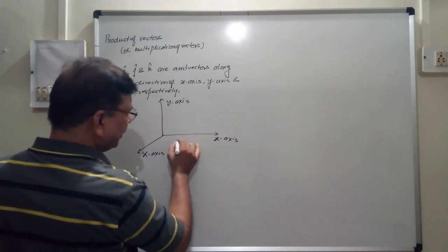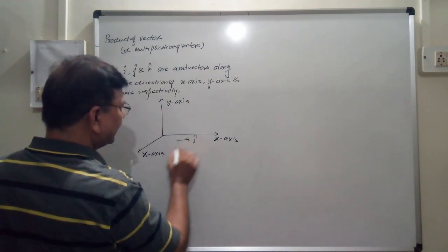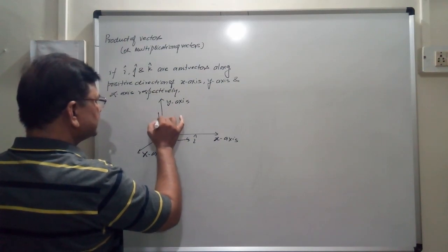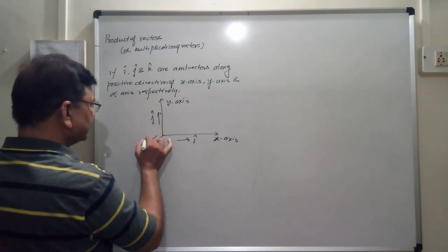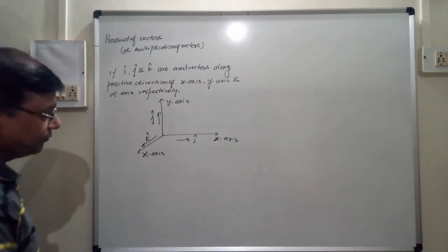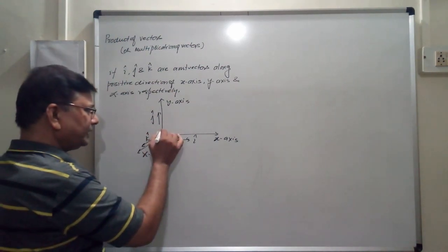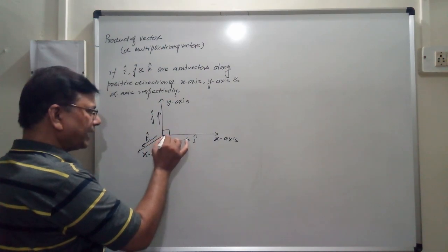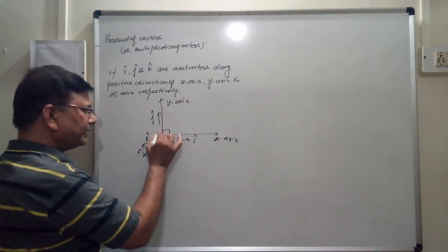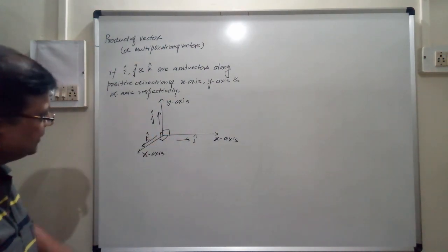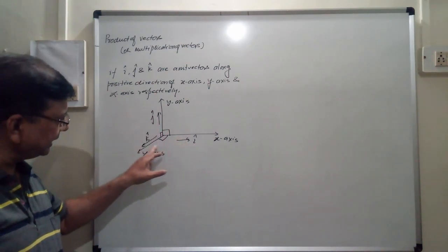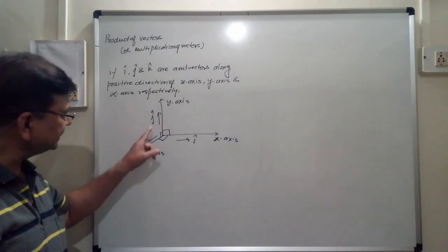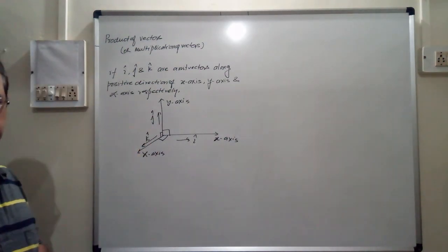So the unit vector along this is I, along this is J, and along this is K. And of course, what is the angle between these? This is 90 degree. The angle between this is 90 degree. This is 90 degree. It means the angle between I and J is 90 degree, I and K is 90 degree, and J and K is 90 degree.